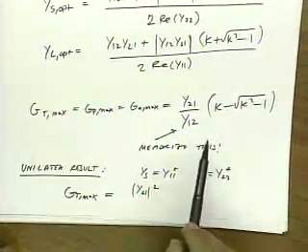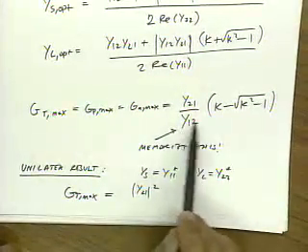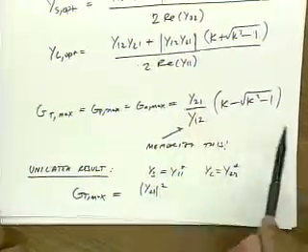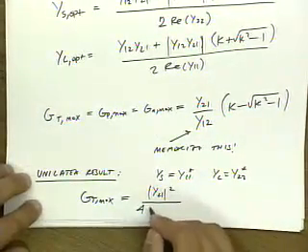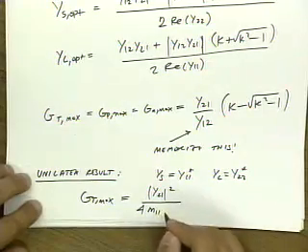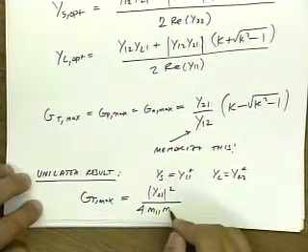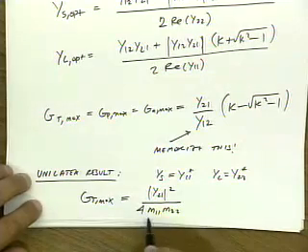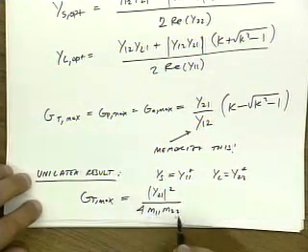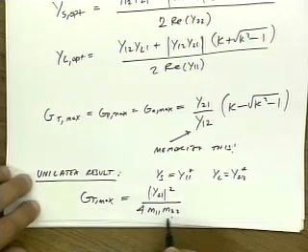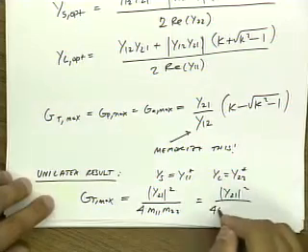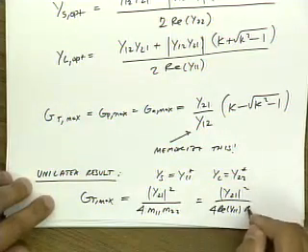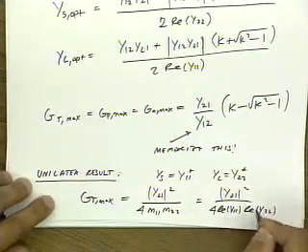If I look at this expression, y12 is equal to 0, so this blows up. But if I do the algebra carefully, the solution comes out to y21 squared divided by 4 times real part of y11 times real part of y22. So this is just 4 real part of y11, real part of y22.